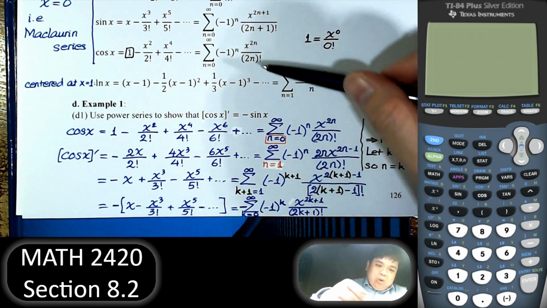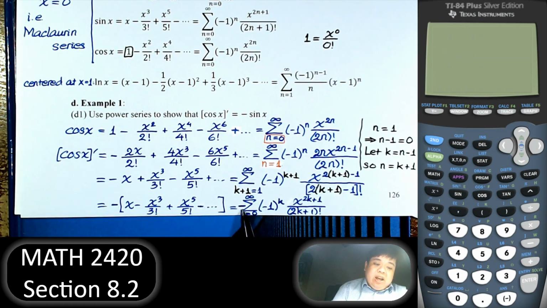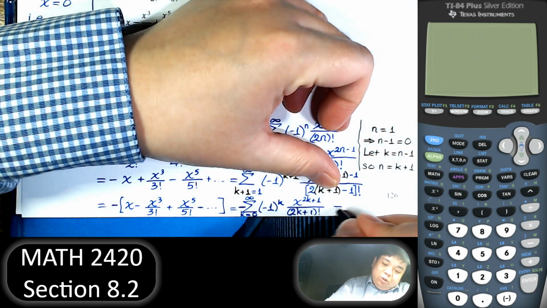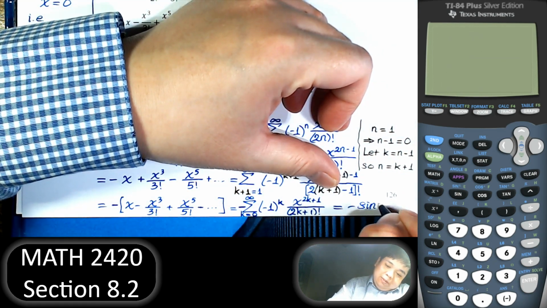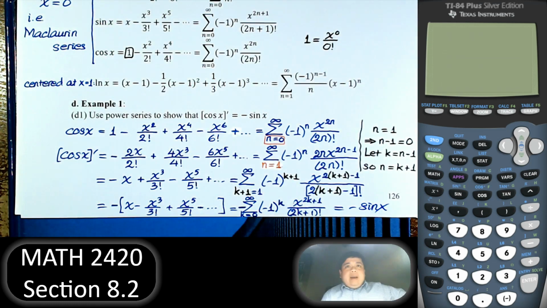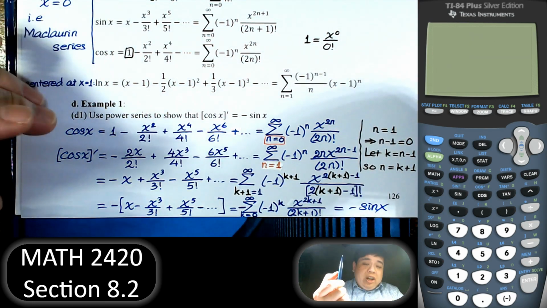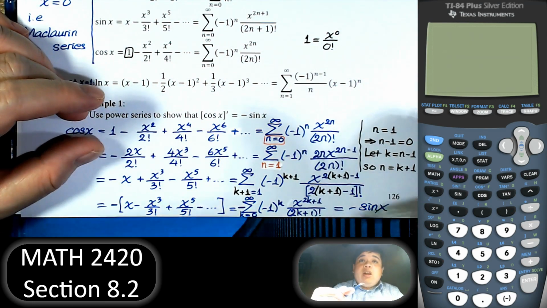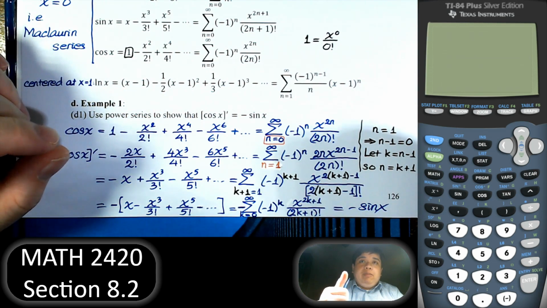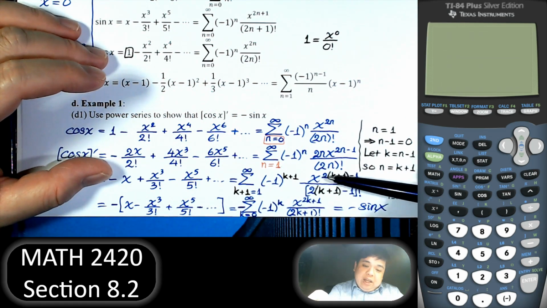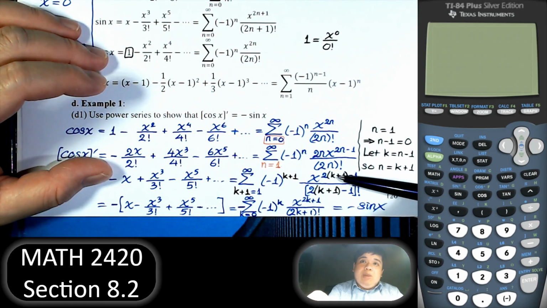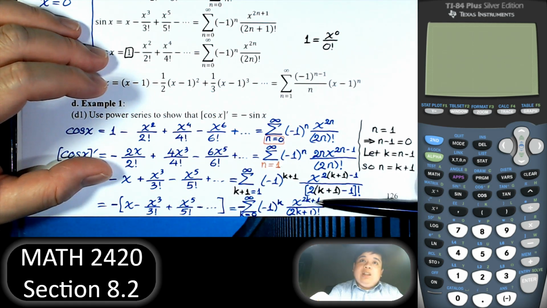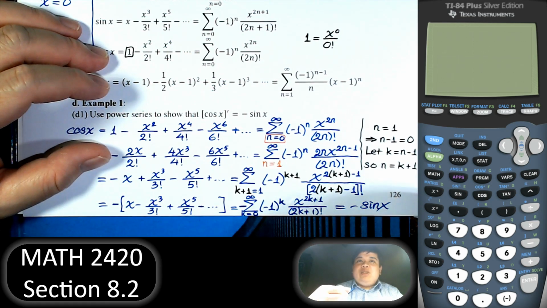It will be identical to the sine except for the negative. So that's why this is equal to negative sine x. Yeah, we will do this kind of thing a lot later, when we try to change the index to satisfy certain things. So once again, 2k plus 2 minus 1 is plus 1. That's what we have.